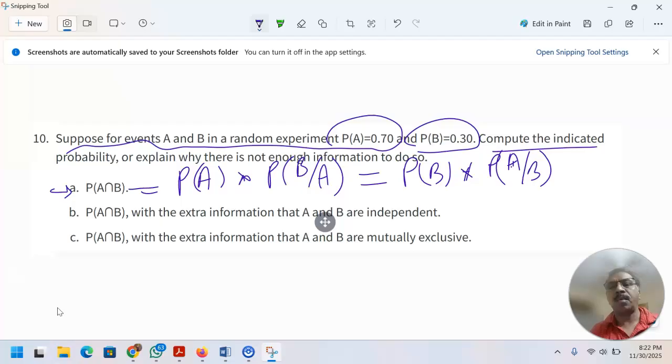So we don't have enough information to find this, even though they gave us these two pieces and the other two pieces are missing.